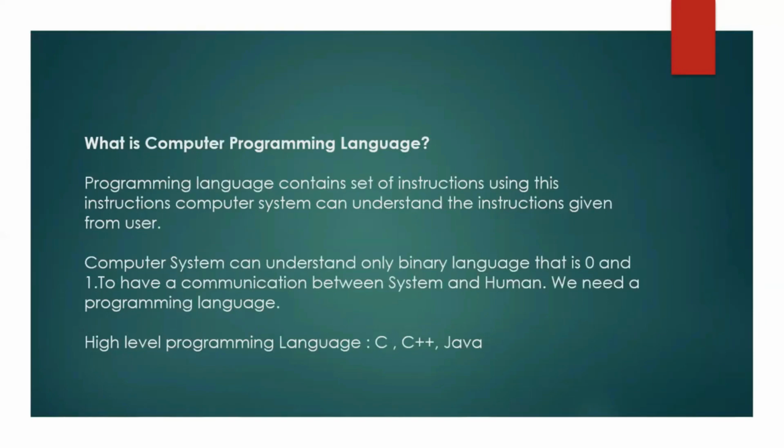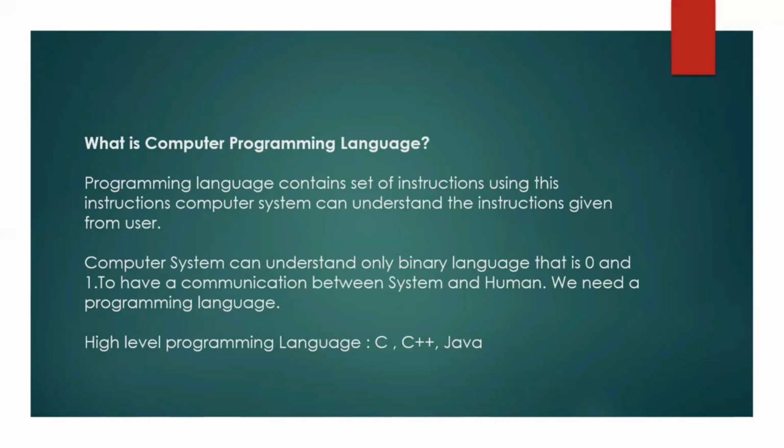What is a computer programming language? A programming language contains a set of instructions. Using these instructions, the computer system can understand the instructions given by the user. A computer system can understand only binary language, that is zeros and ones.